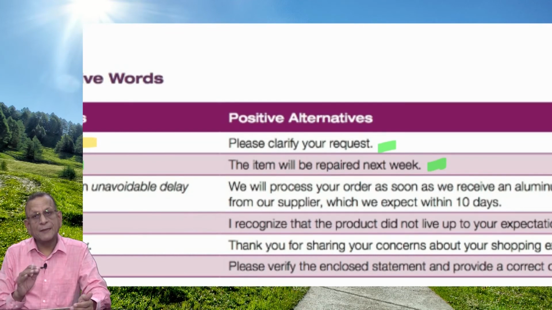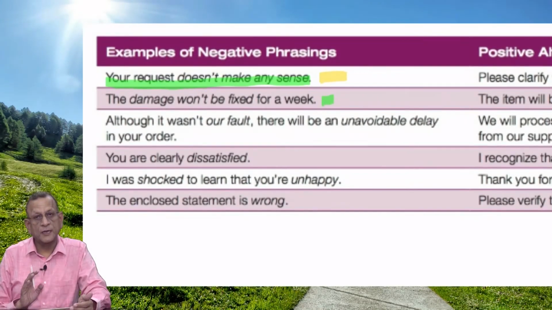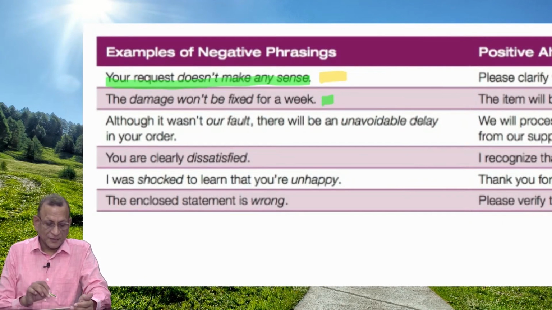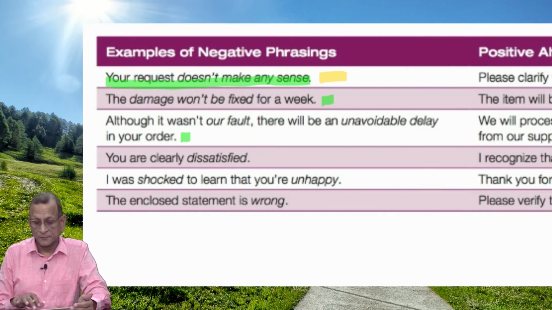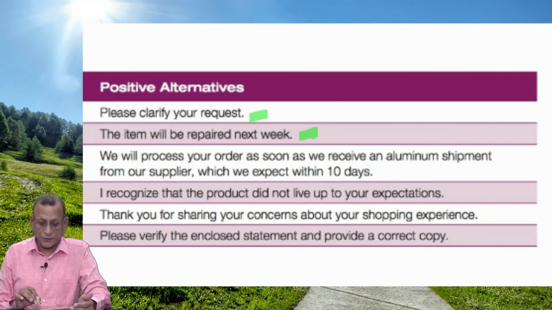You are saying the same thing but in a different tone and with a different phrase. Although it wasn't our fault, there will be an unavoidable delay in your order. Oh my God. Then the alternative way to say this: we'll process your order as soon as we receive an aluminium shipment from our supplier, which we expect within 10 days.